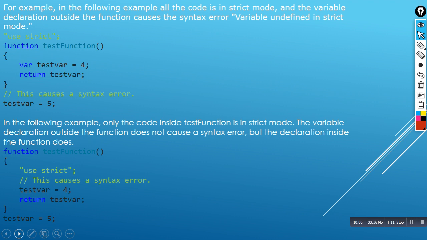The variable declaration outside the function causes the syntax error. Variable undefined in strict mode. Strict mode means you are restricting the code. I mean, you are instructing the compiler to give an error at compile time.